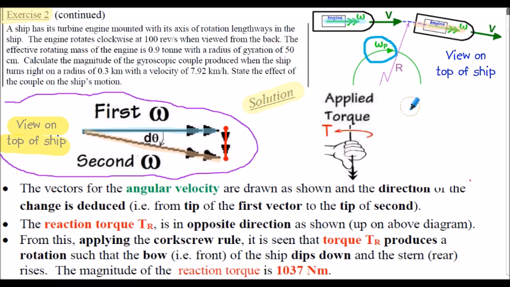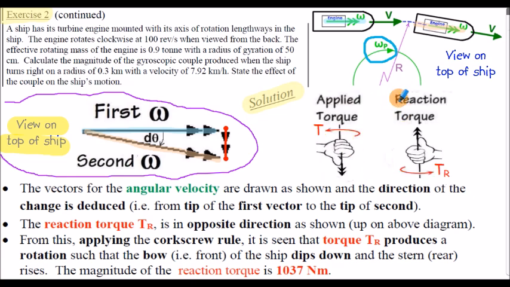And again, considering the right-hand screw rule, shown here, the applied torque, capital T, is in this direction, based on the right-hand screw rule. So the reaction torque or the inertia torque, TR, has the same magnitude, but it's in the opposite direction. So now here's the right-hand screw rule.